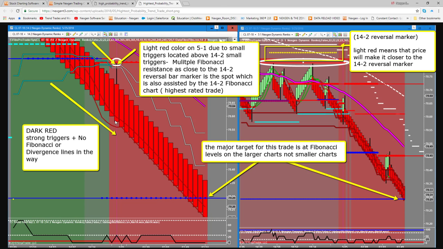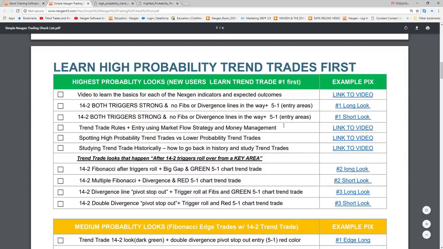Super strong triggers down on the big chart are going to give us easier short trades. Now, same thing, let me show you. Once you do that, obviously there's 3 videos. The rules, how to manage, spotting the trades, and then how to go back and study the trades.